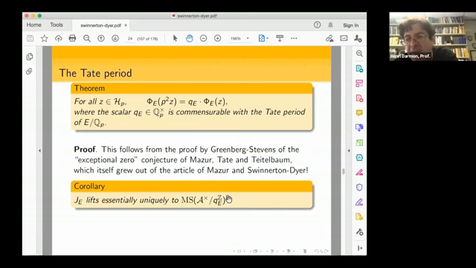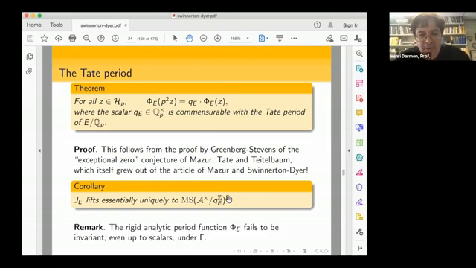So one can resolve a little bit of the scalar ambiguity. It's only the Tate period which enters into this ambiguity. And in this remark, I remind you that this function is very far from being invariant, even up to scalars, under the action of this gamma. It just has this invariance under p squared. But nonetheless, one sees this Tate period arising in this way.